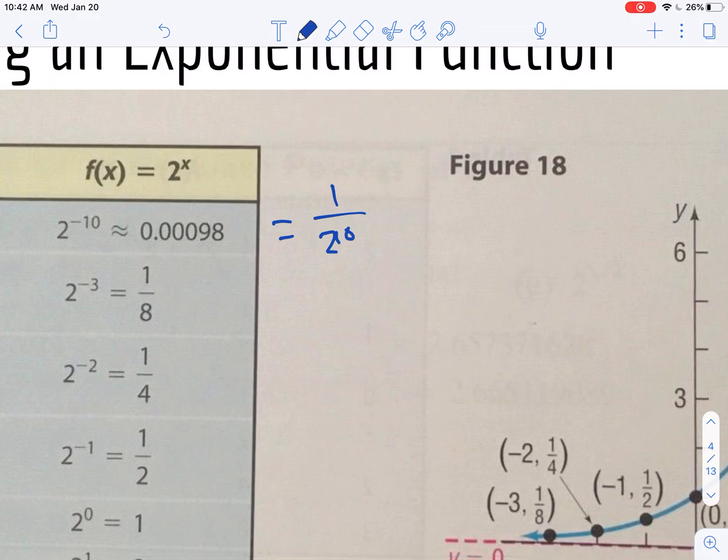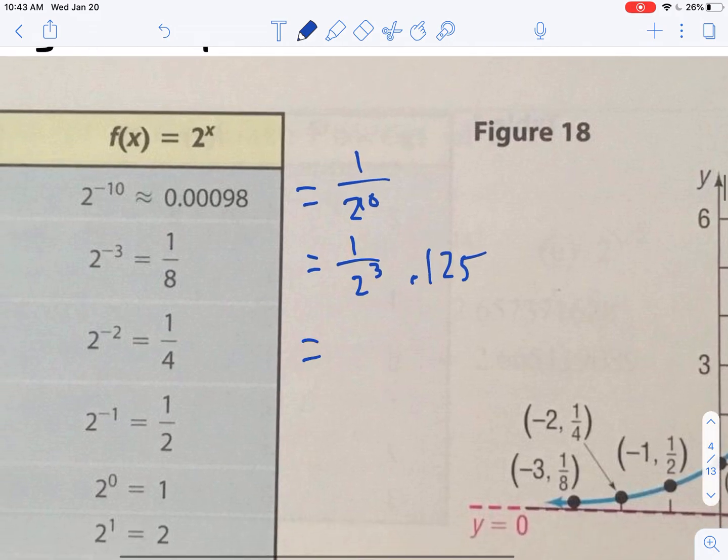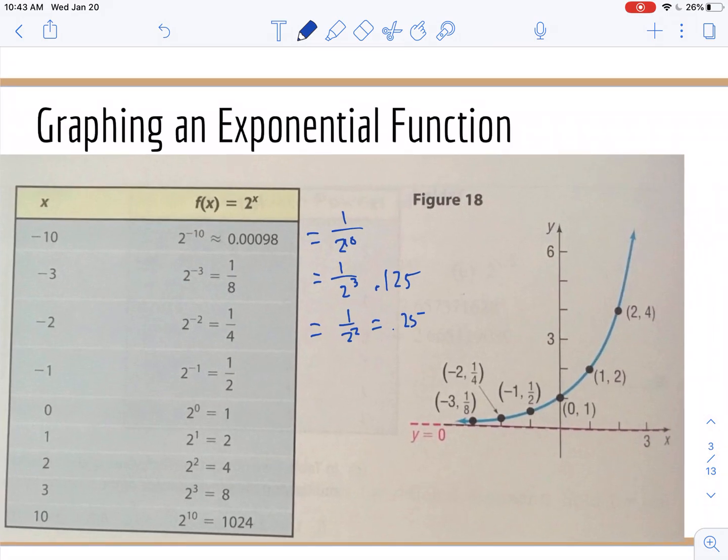And 1 over 2 to the 10 power is going to be equivalent to about 0.00098. 2 to the negative third power is the same thing as 1 over 2 to the third power, which is equal to 1 over 8, which is about 0.125. 2 to the negative 2 power is equal to 1 over 2 squared, which is the same thing as 1/4, which is 0.25. So what we can see here with these exponentials is with our negative numbers, the larger the magnitude of that negative number, the smaller your y value is.